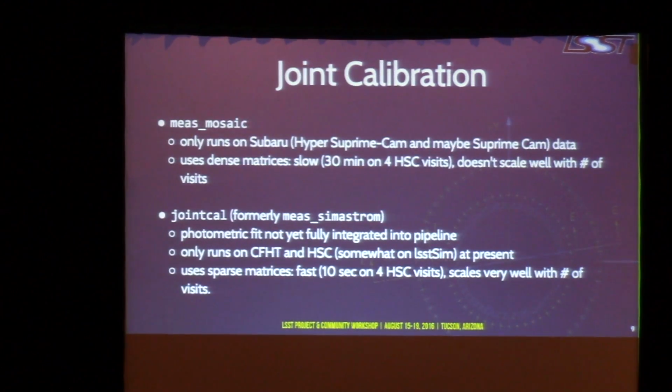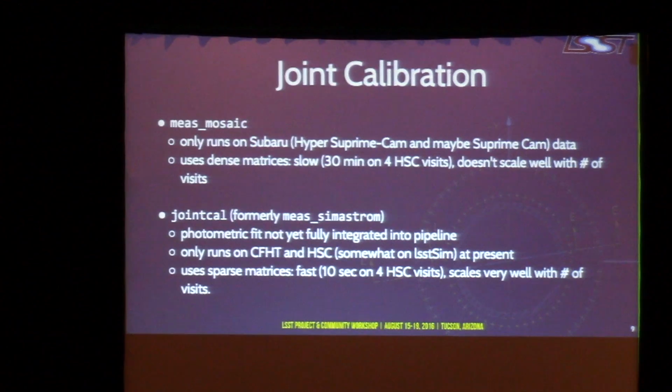So one of these solutions we have is called Mesh Mosaic. This came from the HSC side. Right now it only runs on Subaru data, which is one of the reasons this is harder to run. It uses dense matrices, and that makes it slow. It takes about a half hour to run this on 4 HSC visits if you only use a single core. And that means it doesn't scale as the number of visits goes up.